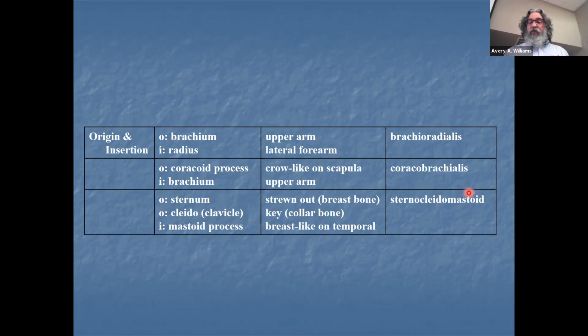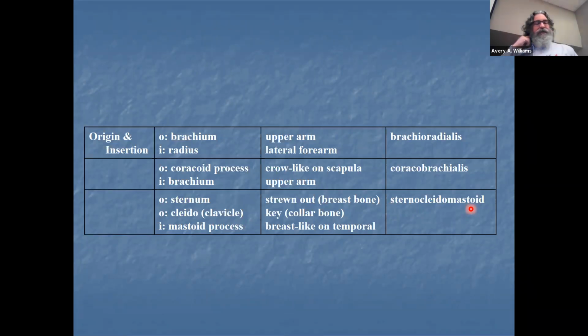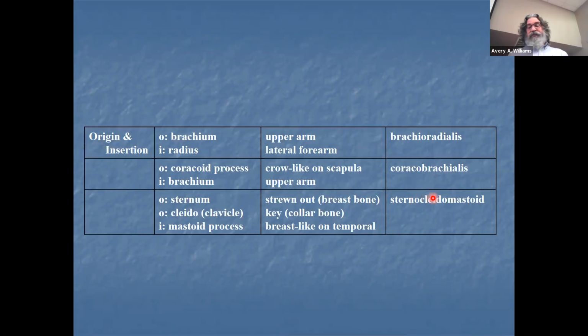And then of course, mastoid, remember the mastoid process on your temporal bone, that knot behind your ear? So that's what that is. So if it's origin and insertion, the origin's written first, the insertion's written last. Where does the part in the middle go?